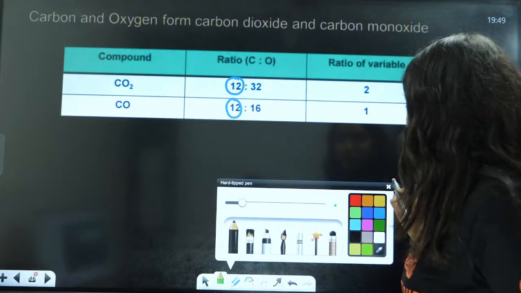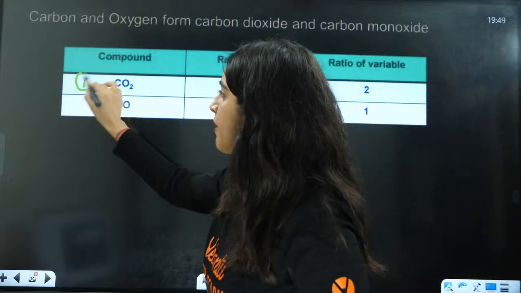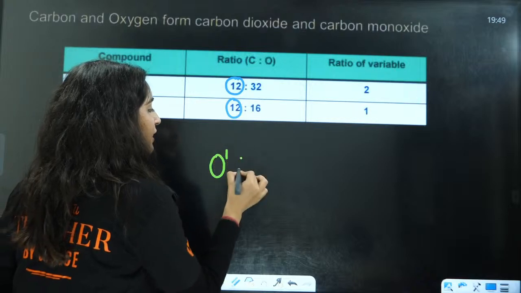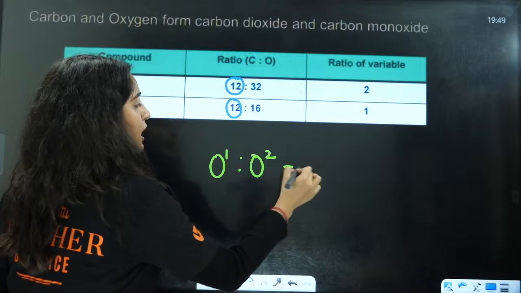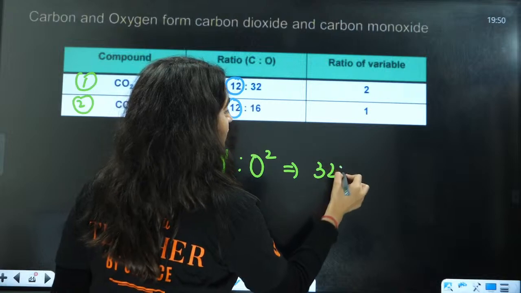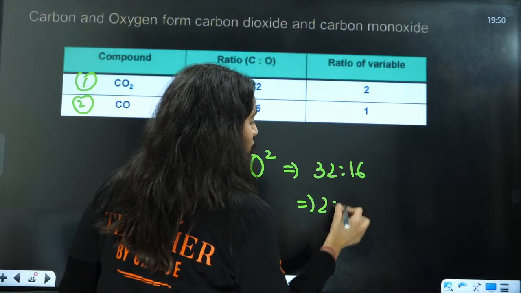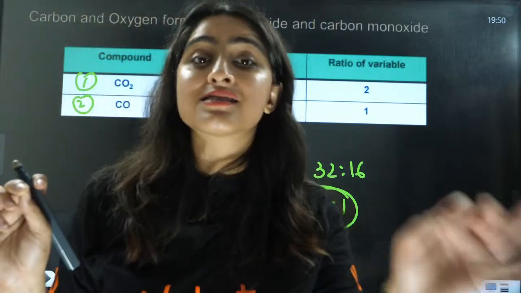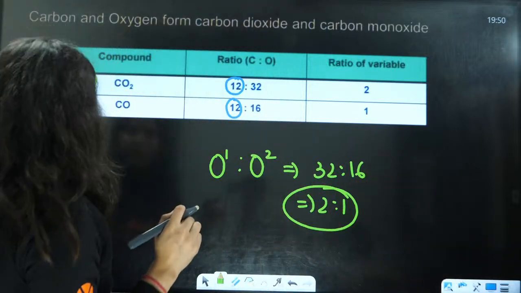So the ratio of oxygen, this is the first compound, this is the second compound, the ratio of oxygen from the first and the second is going to be 32:16. That is 2:1. Again, this is a simple whole number ratio.